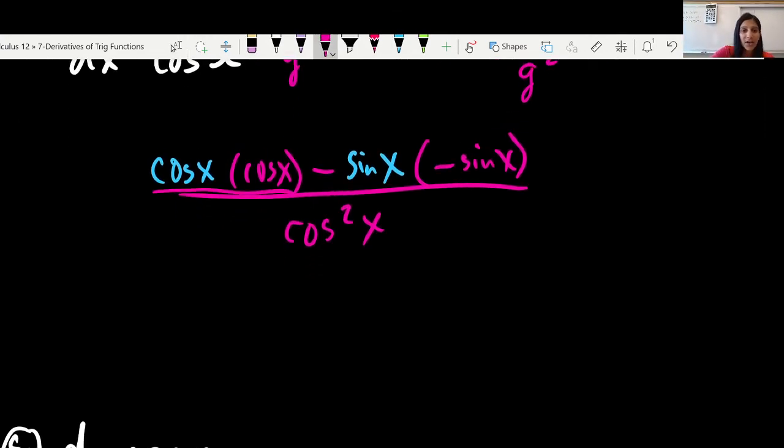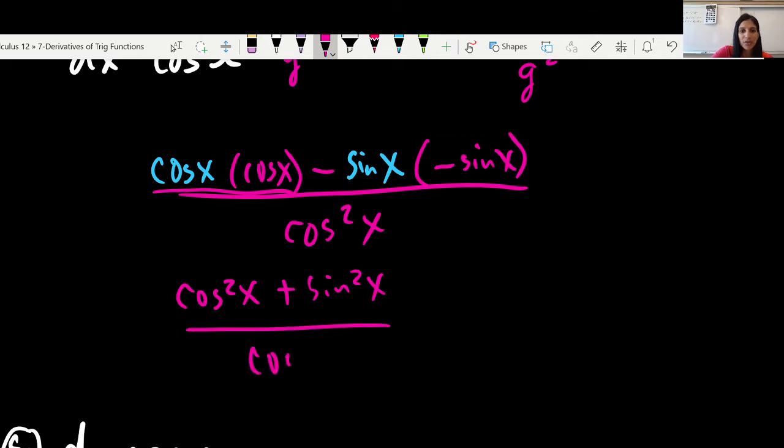We can see here that we would get cos squared x, and then here we would get plus sine squared x, all over cos squared x. We know that cos squared x plus sine squared x is the same thing as the number 1 from our Pythagorean identities. So 1 over cos squared x.